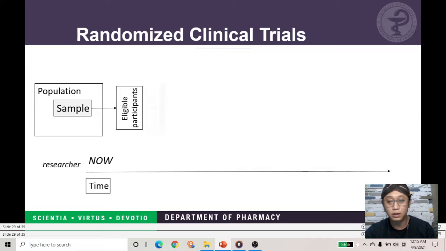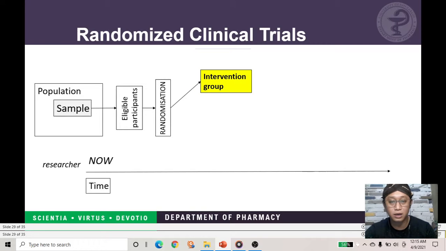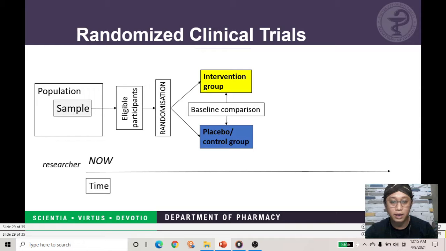Then we randomize them into the intervention and control group, the placebo control group, and we create a baseline comparison for both groups. So usually in the report of a randomized clinical trial, you will find in Table 1 the baseline comparison between these groups.